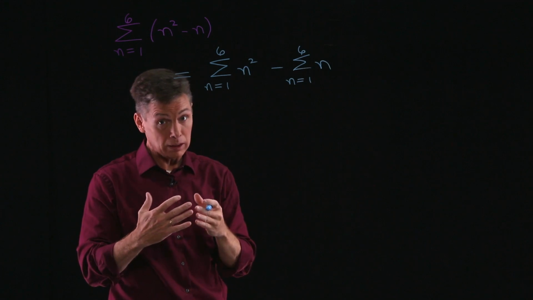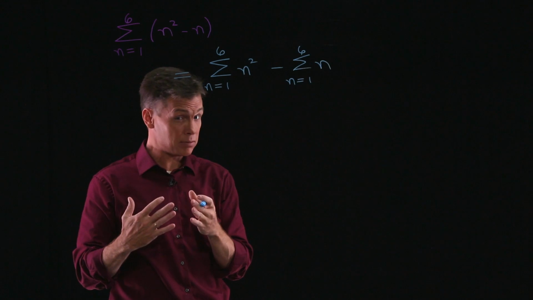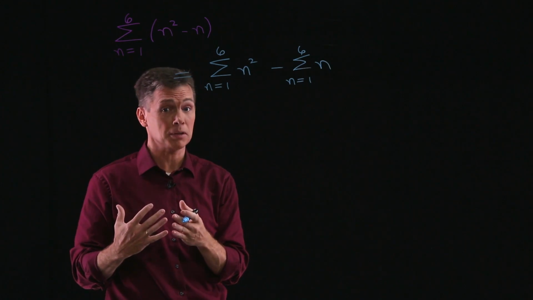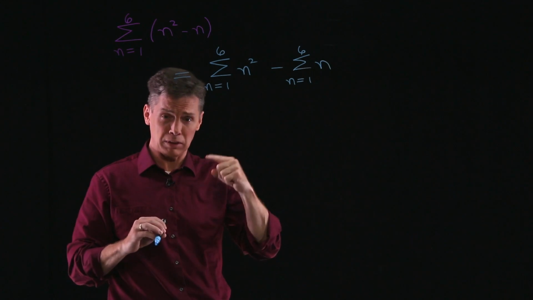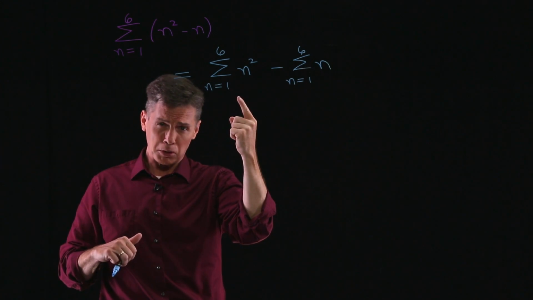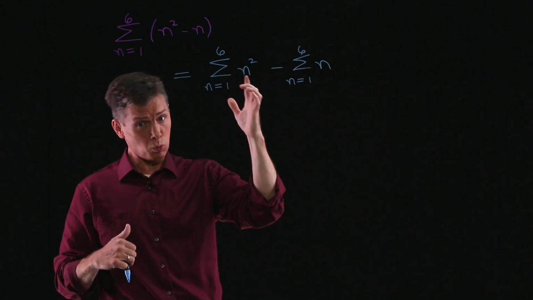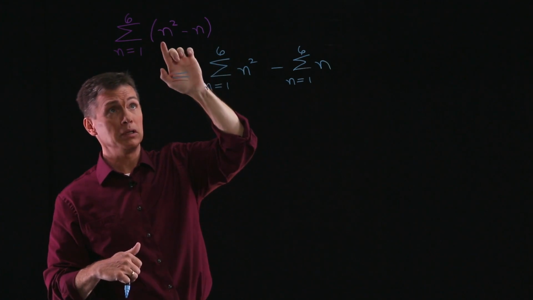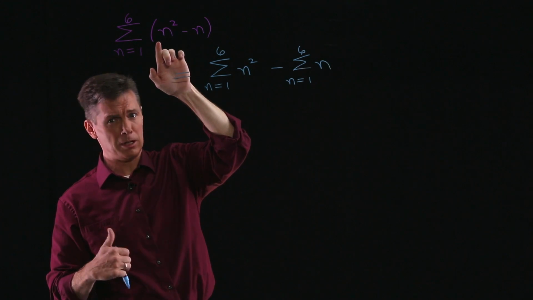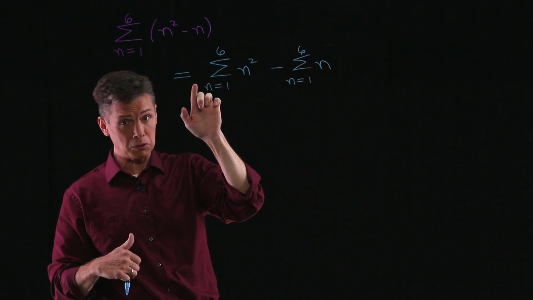Now, if there were any kind of constant factors attached to any of the terms, any kind of coefficient, you'd also want to take the time in this step to break it down further and pull the coefficient out in front. I don't have any coefficient other than ones, but imagine if there were a 7 right there, then I would take that 7 and bring it out in front of the sigma notation.